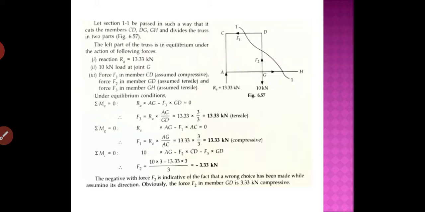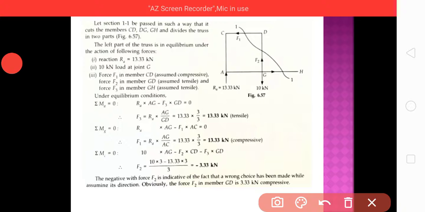The left part of the truss is in equilibrium under the action of the following forces. We are considering the left part of the truss now: reaction RA, that is 13.33 kilonewton, then 10 kilonewton, this one.